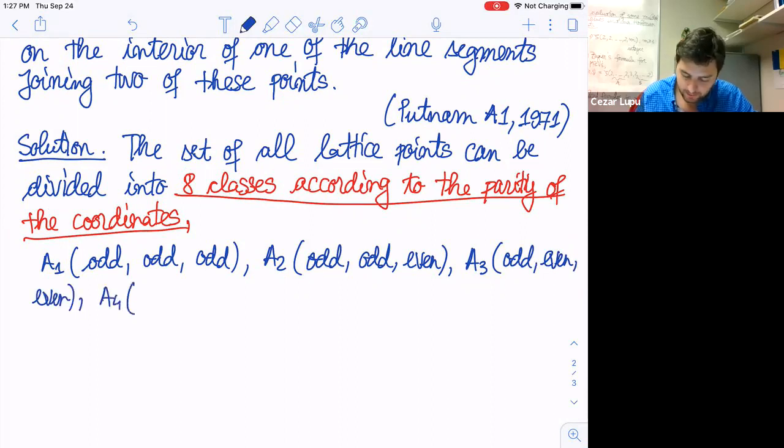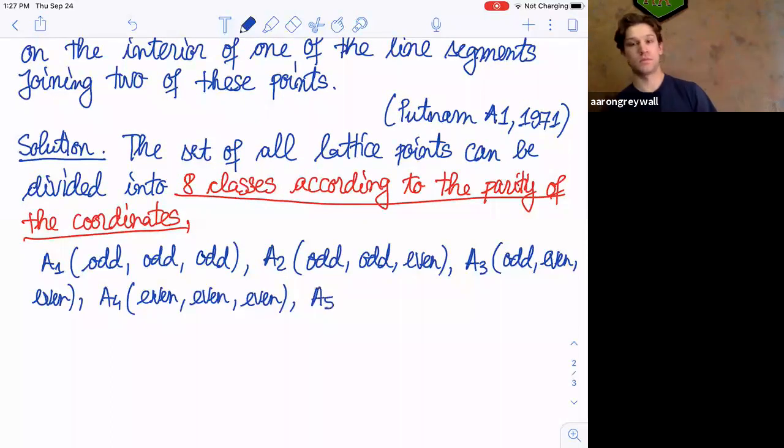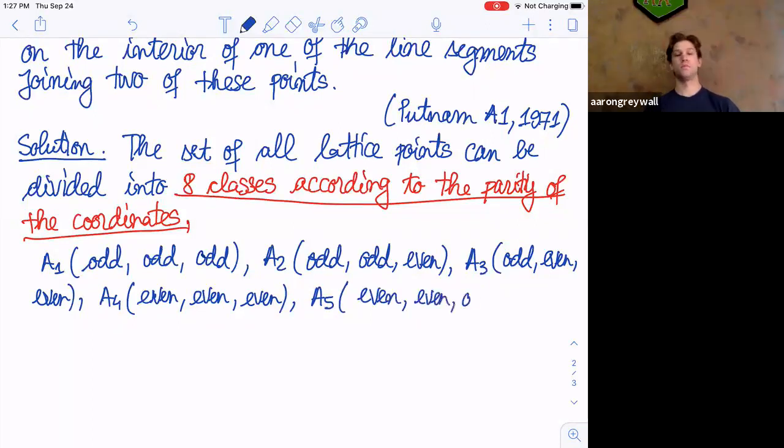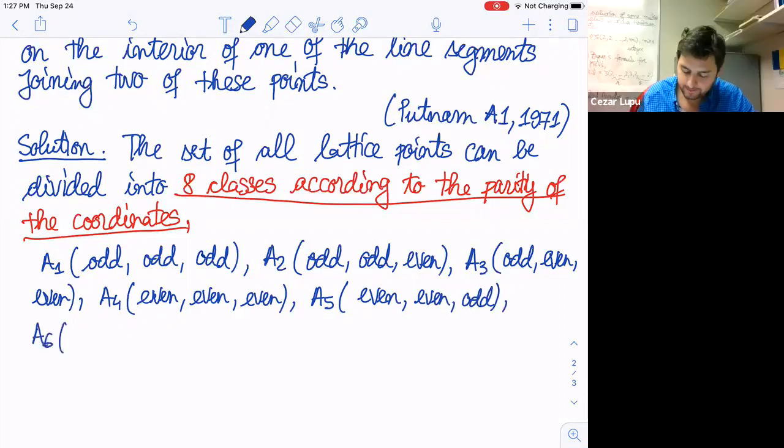A4 will be, what do we have? Odd, even, even. Even, even, even. You have another one, A5, like even, even, odd. Then A6 could be something like even, odd, odd. And 2 more.